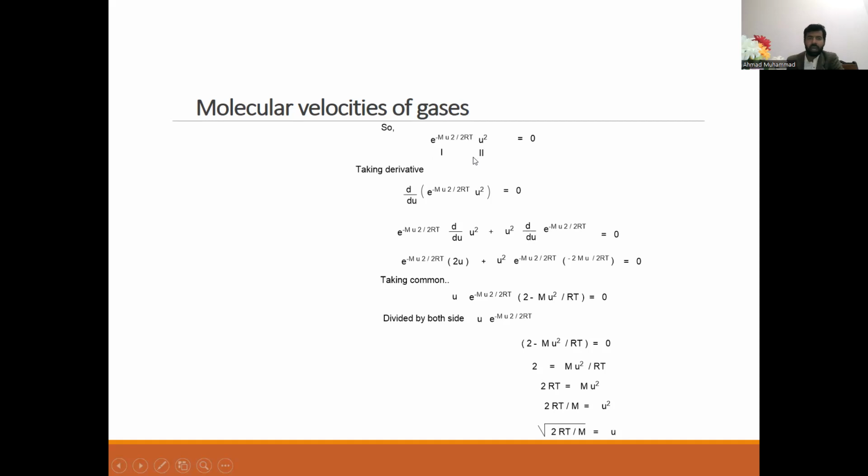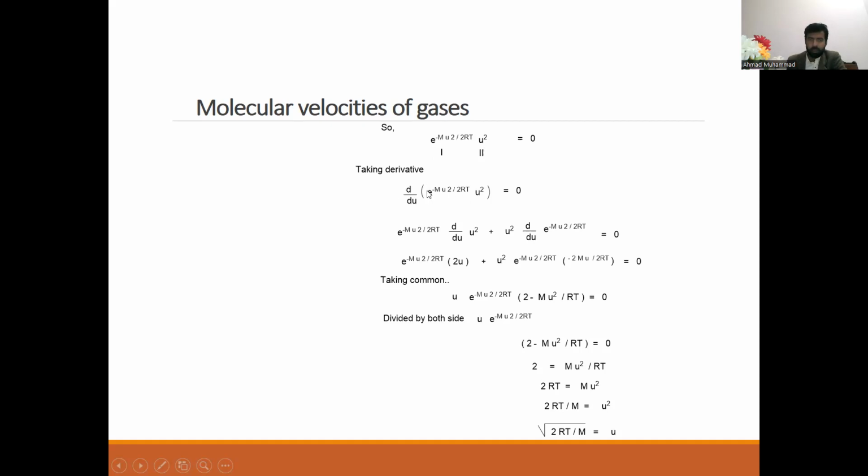Then we apply the product rule: first function same times derivative of second function, plus second function same times derivative of first function.